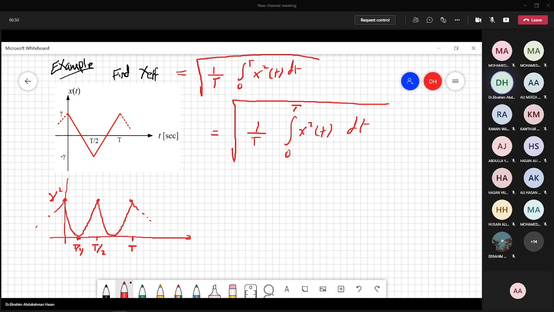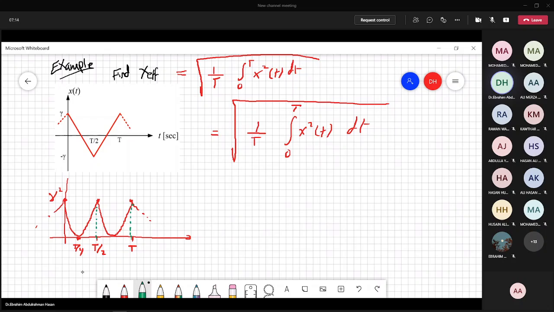Notice this area is exactly equal to this area, and this one is equal to this. Similarly, this one is equal to this area. So instead of doing this, let me multiply by 4.